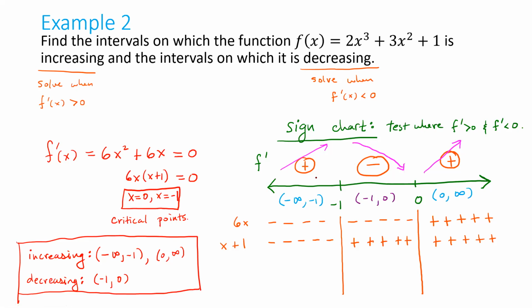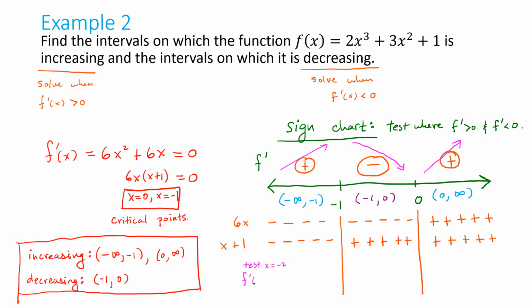Sometimes what people like to do, if they have a hard time thinking about this kind of thing, is this: instead of just analyzing the individual factors, I could pick a test value somewhere on this interval. Like I can test x equals -2, because that's a representative from this interval.